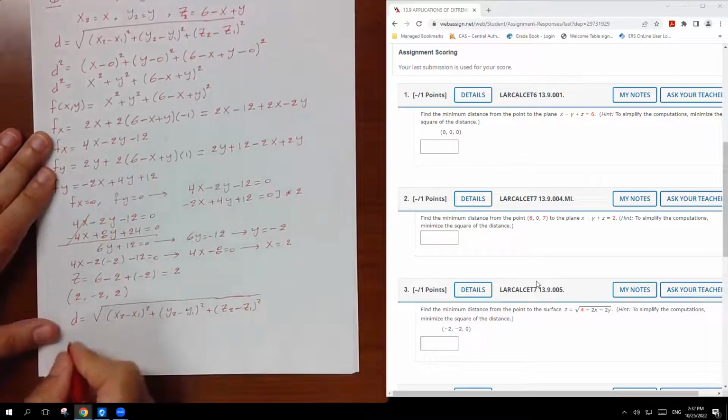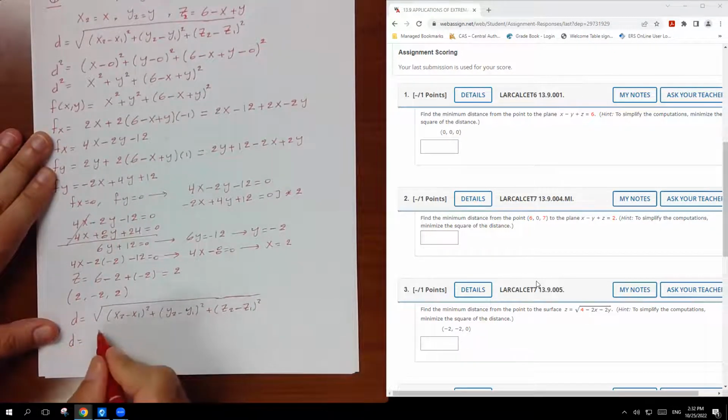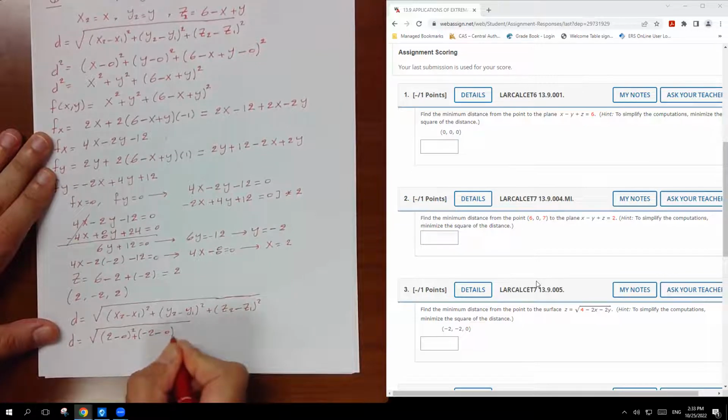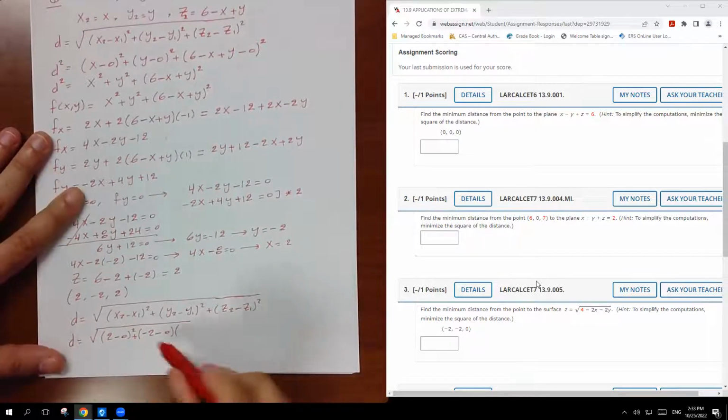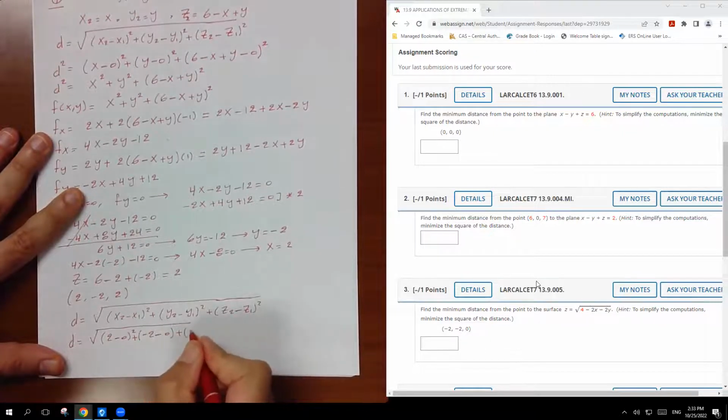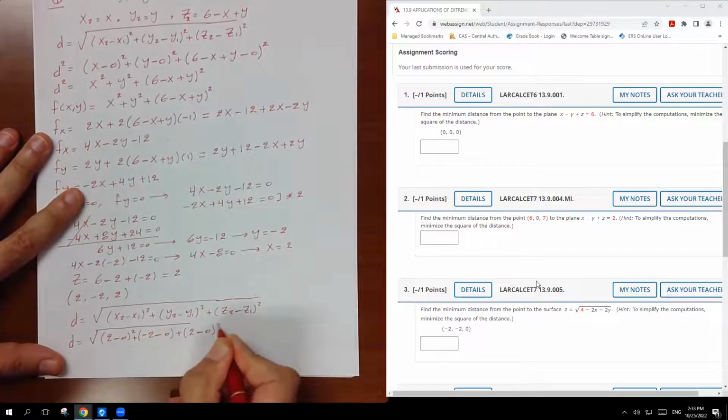And then the distance is going to be the square root of (2 minus 0) squared plus y, which is negative 2, minus 0 squared, plus the z, which is also negative 2, minus 0 squared.